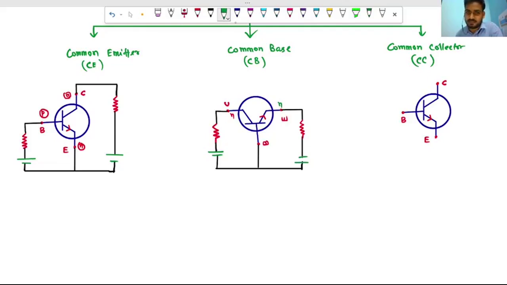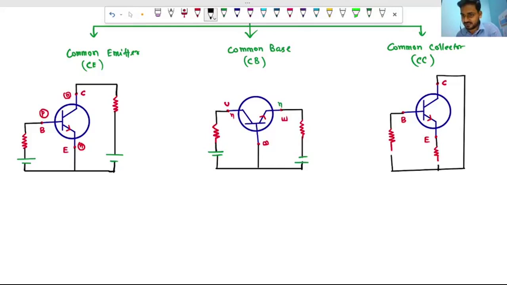Now what will be the case for common collector? It will be like this, and resistances will be added here. Let me connect a resistor with base and emitter. Then before biasing, let me draw the connecting wire here.